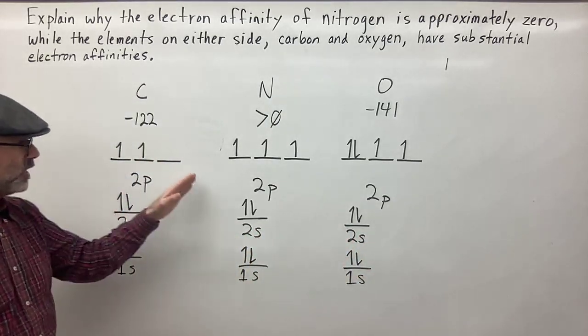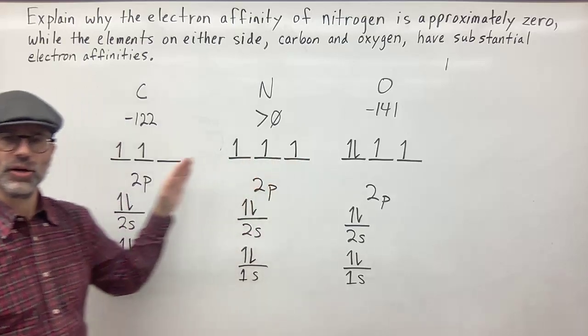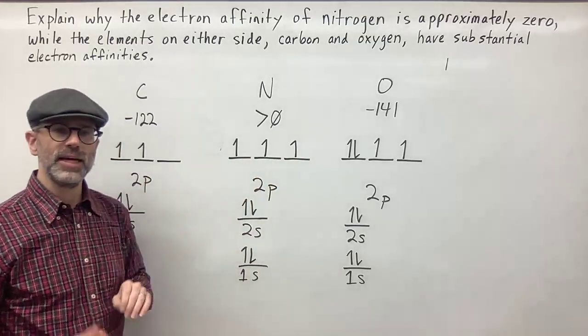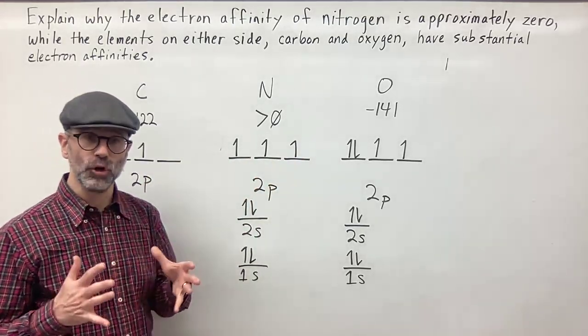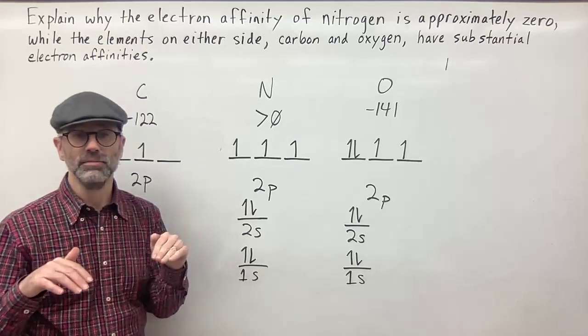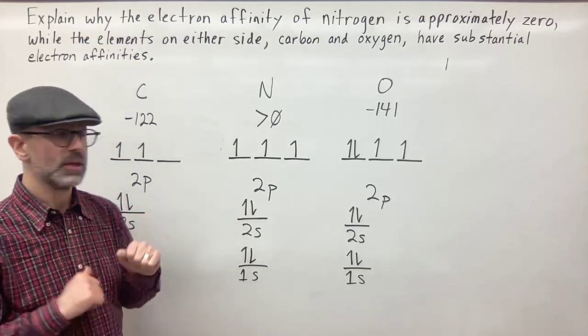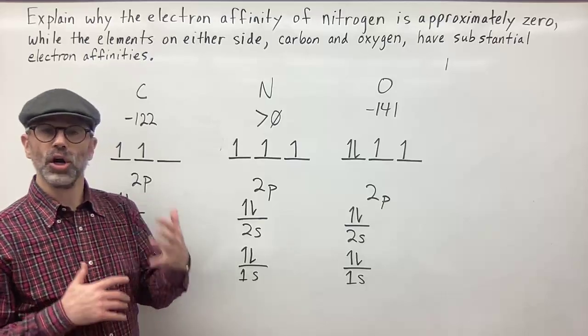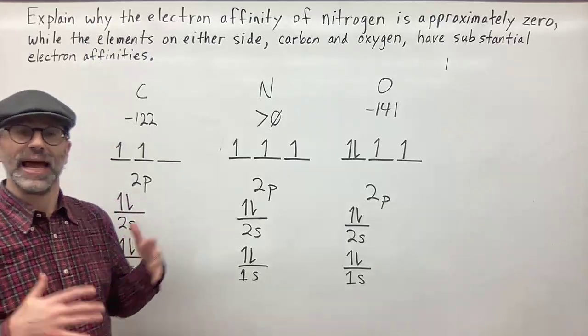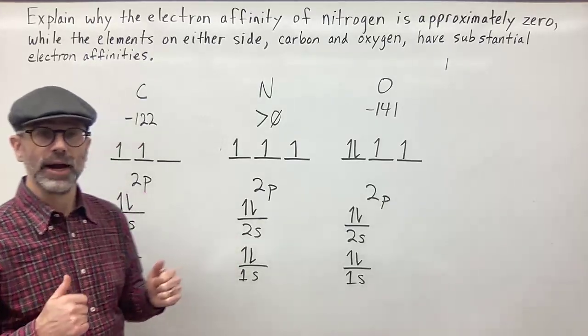But when you get to the 2p sublevel, there you see a difference. And the thing we have to keep in mind is that having a half-full sublevel or a full sublevel is more stable than having anything in between, right?